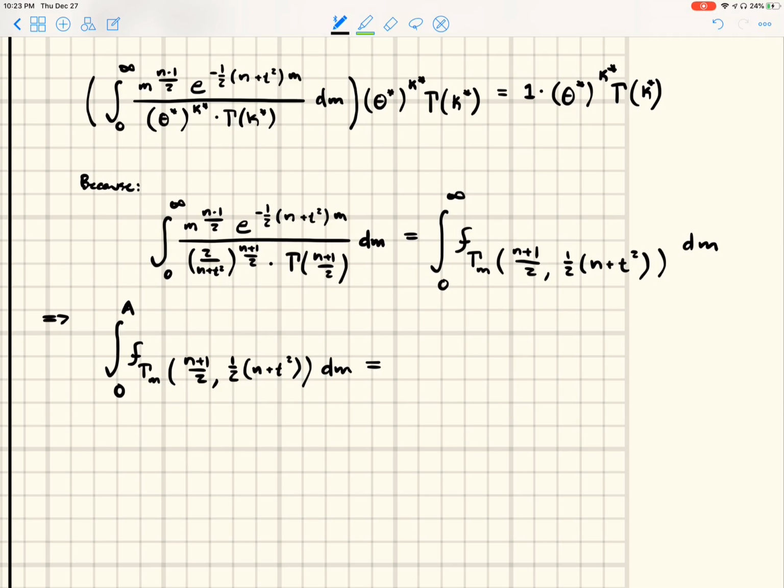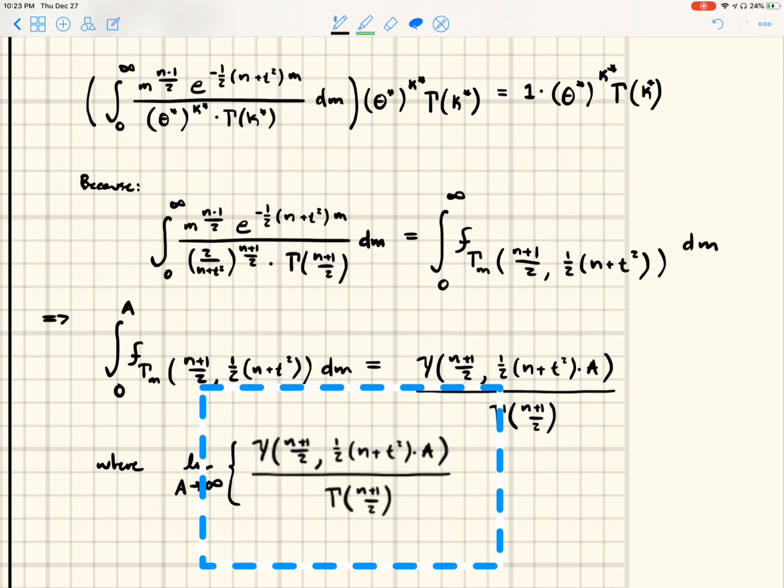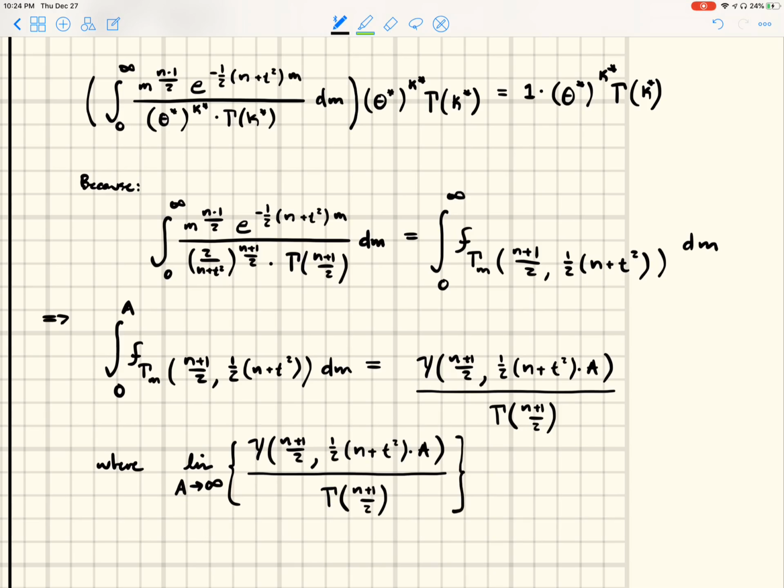So we recall that this is related to the lower incomplete gamma function because it's the cumulative distribution function for a gamma distribution, all over gamma of (n plus 1) over 2, where the limit as a goes to infinity of this term is equal to gamma of (n plus 1) over 2 all over gamma of (n plus 1) over 2, which is equal to 1.